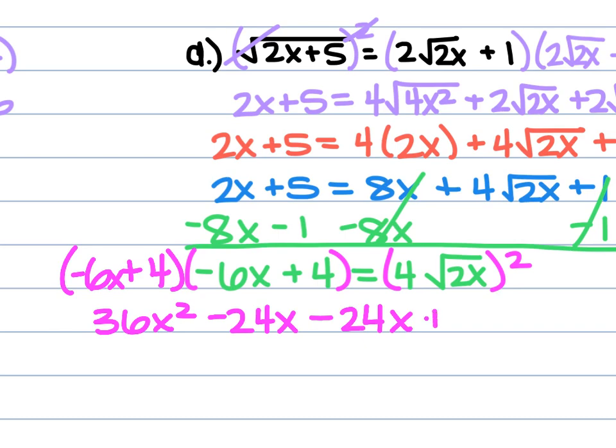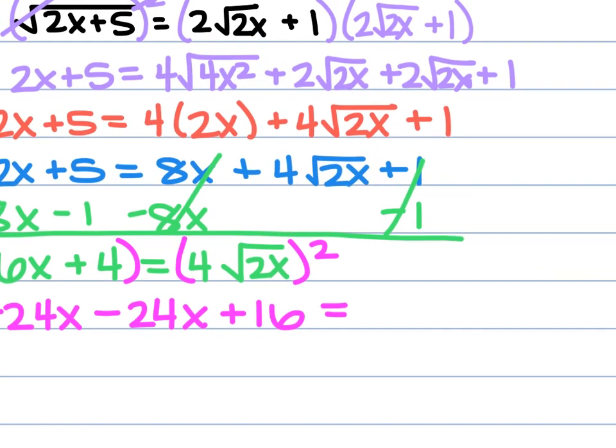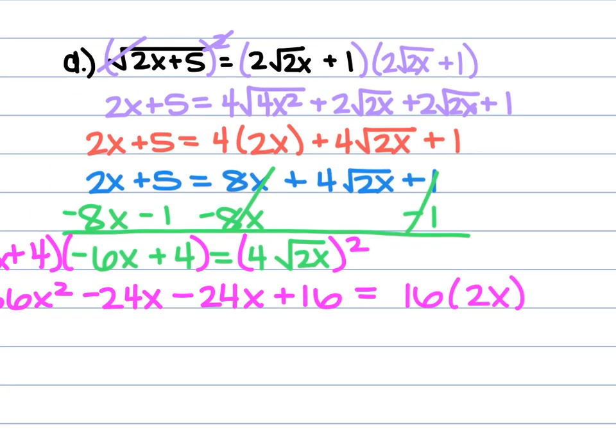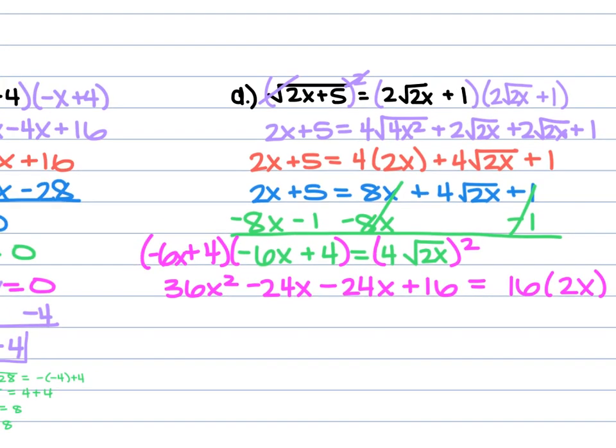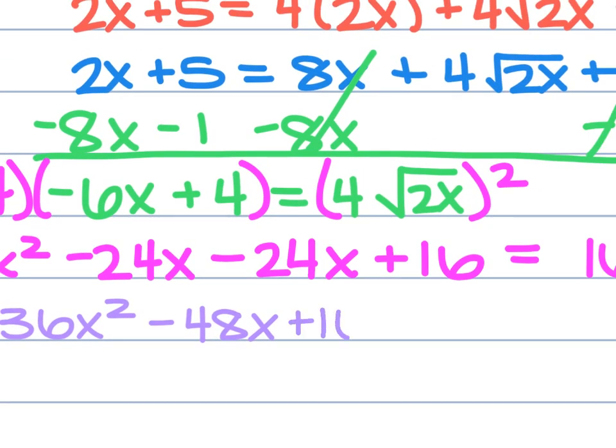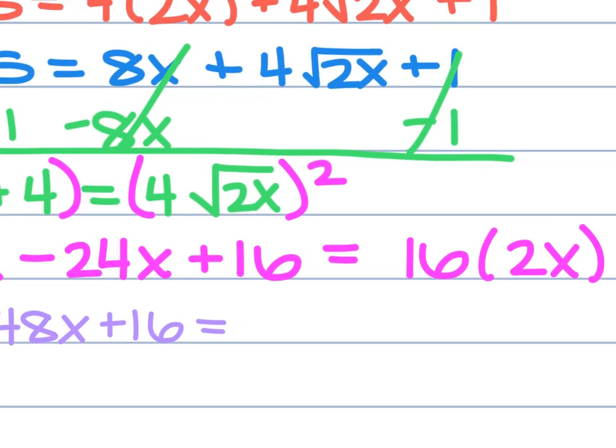And 4 times 4 is 16, and that times 2x. So this is going to leave us now with 36x squared minus 48x plus 16 is equal to 16 times 2x, which is 32x.